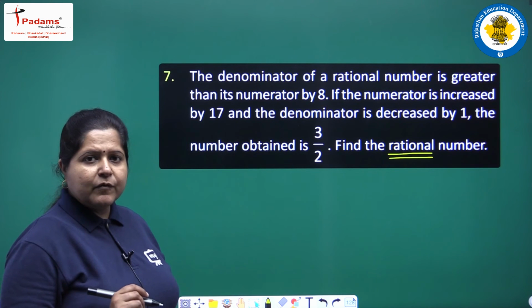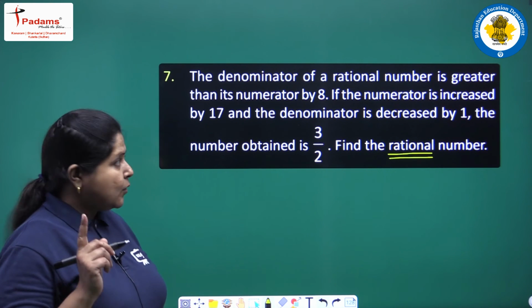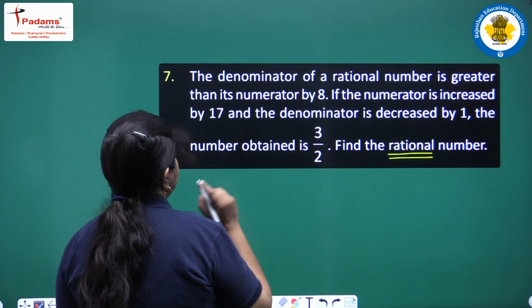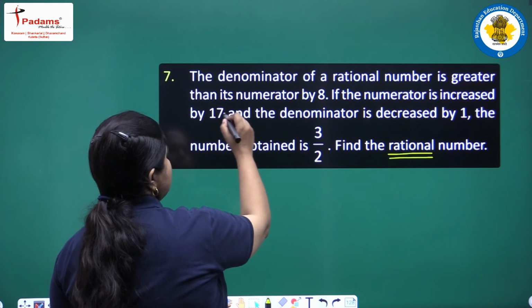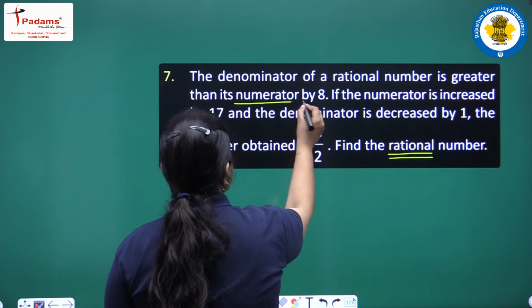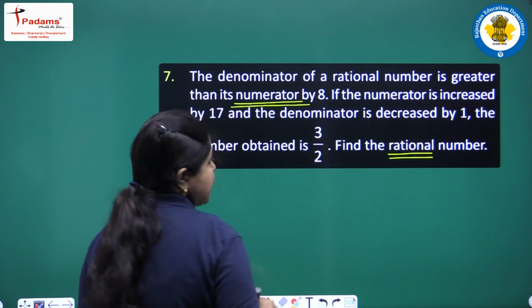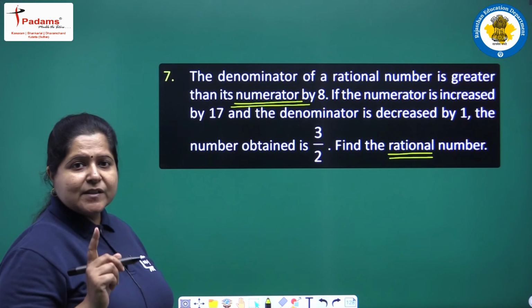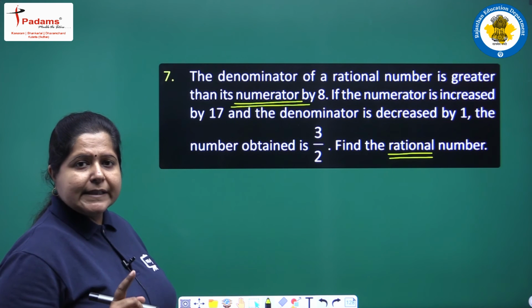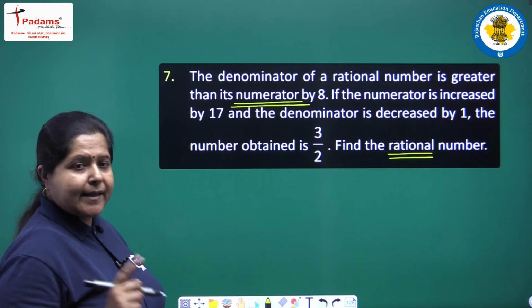Again we will take up one of them to be x. Whom to take it as x? We will get the clue from the first sentence. The denominator of a rational number is greater than its numerator by 8. This word is coming up second. This means the denominator is dependent on the numerator. So, we will take numerator to be x.